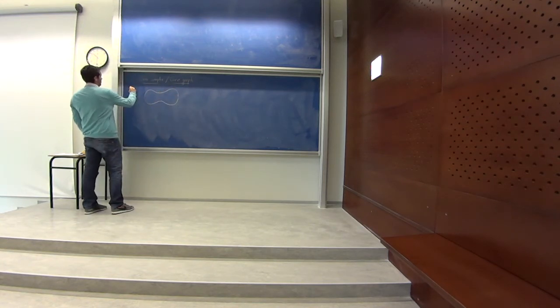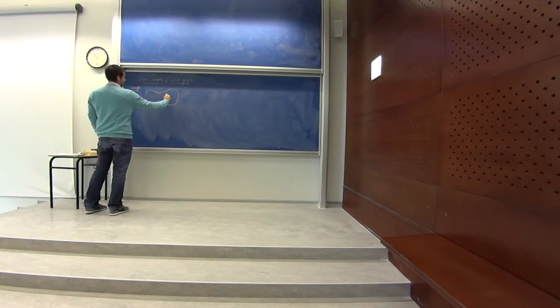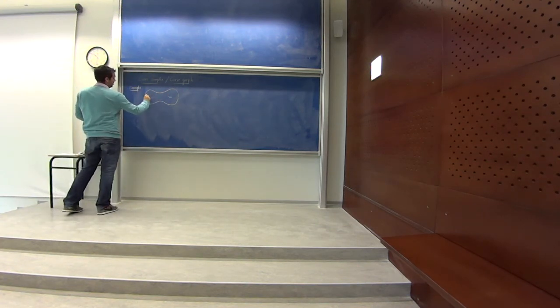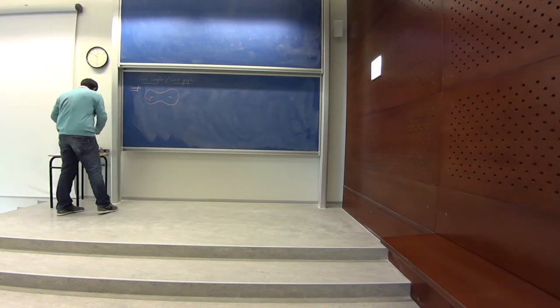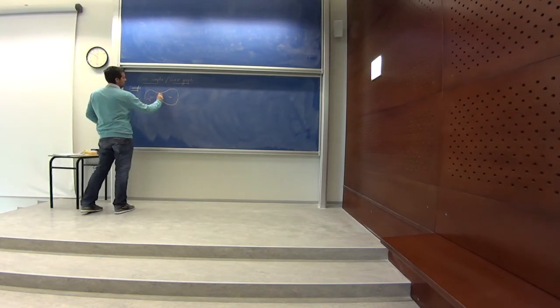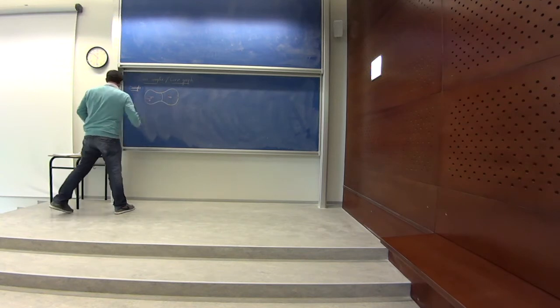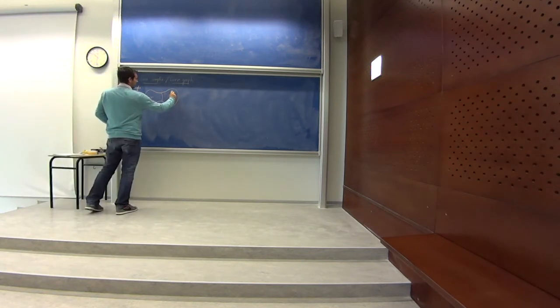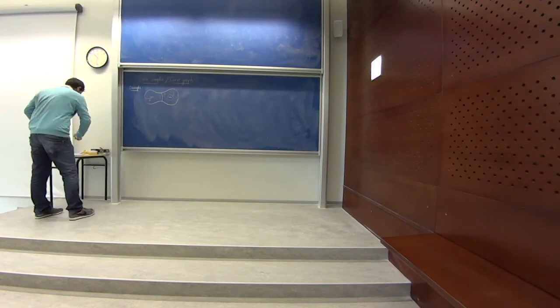I can take different simple closed curves on this. So here's a simple closed curve alpha. Here's a simple closed curve beta. Okay, here's maybe epsilon.